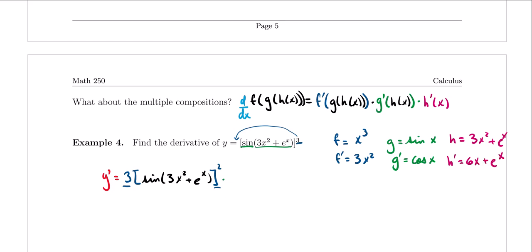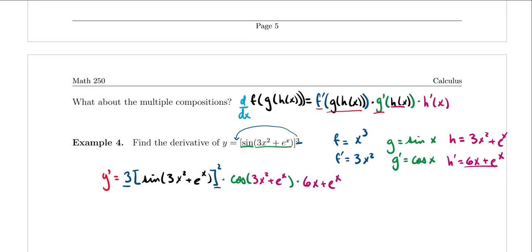So let's go back to our problem. So far, we have the derivative of the outer evaluated at the inside times now the derivative here for g, which is a cosine of, now it's evaluated at h of x, which is, oops, I copied h prime, 3x squared plus e to the x, times the derivative of the inside, which is the 6x plus e to the x.